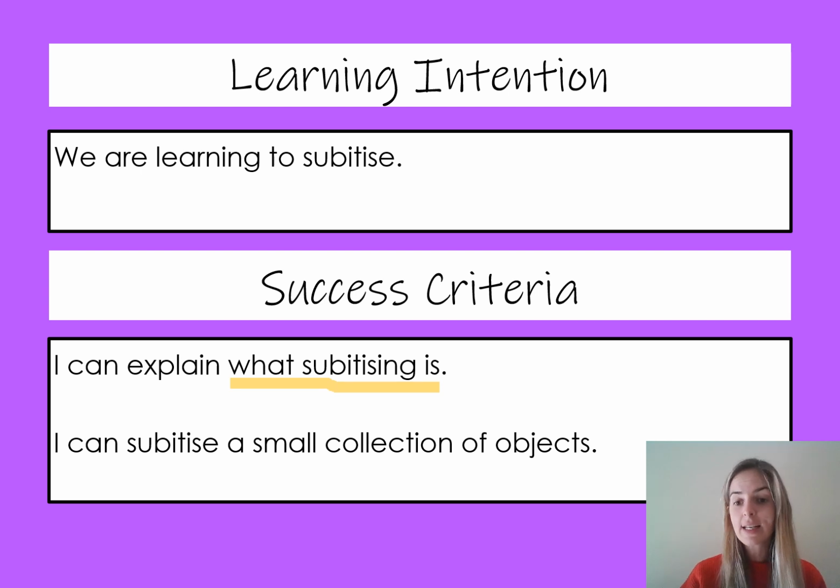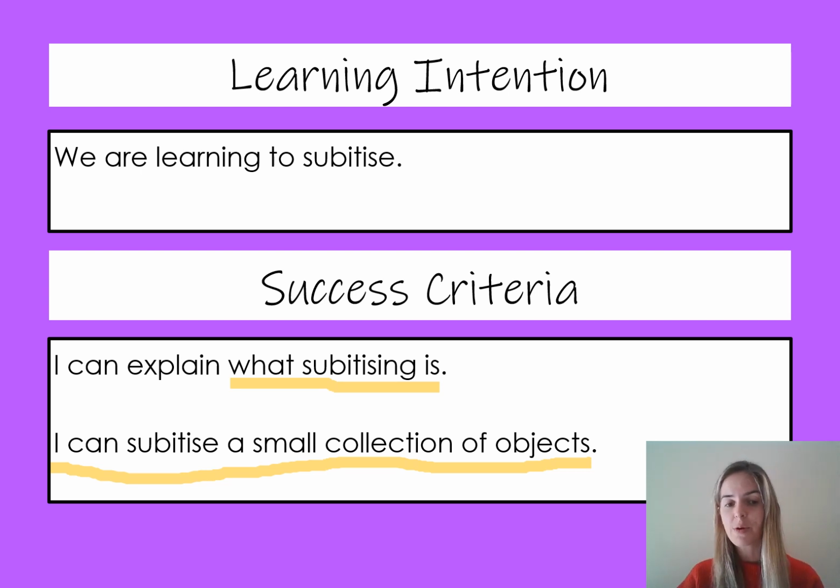And then our next success criteria is I can subitize a small collection of objects. And we did that in our lesson today when we were looking at dice patterns and we were subitizing the counters on the tens frame. And we were also subitizing when we were playing our game where we were finding different numbers. We found 1 and 2 and 3 and 4 and 5.